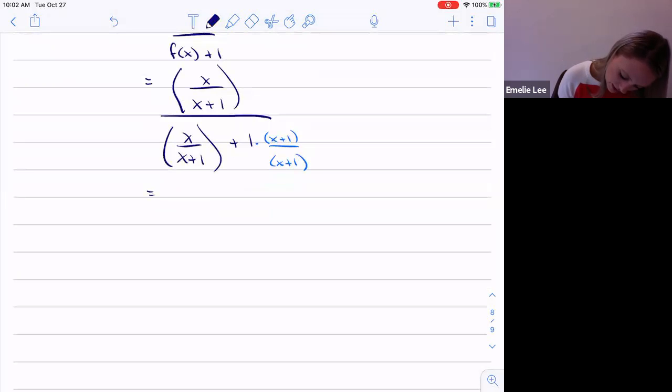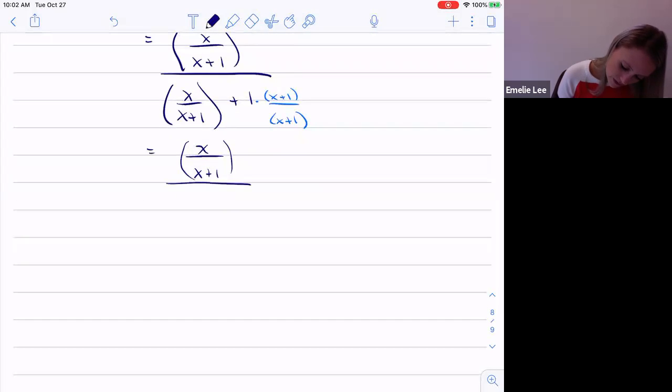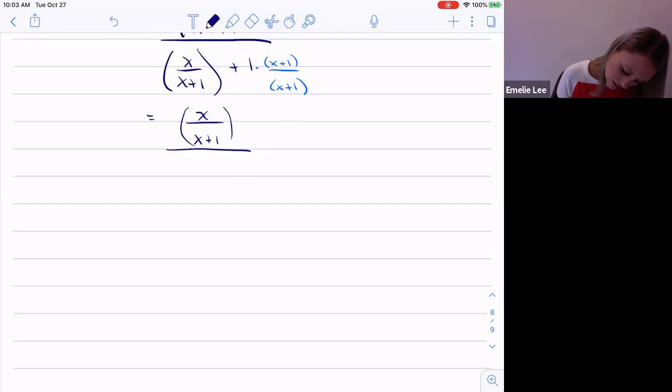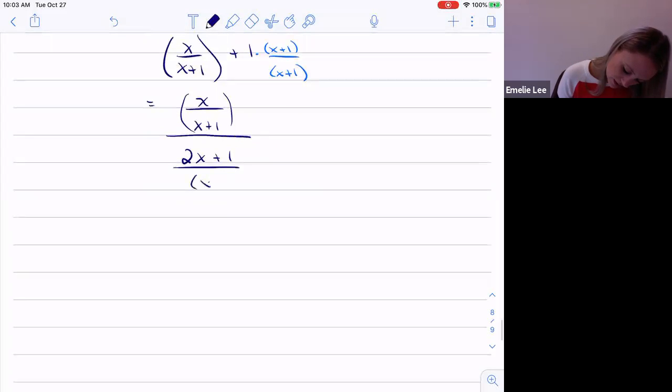And so I get x over x plus 1 divided by, now I can add across the top here, x plus 1 times x plus 1 is just x plus 1. So we get 2x plus 1 divided by x plus 1.